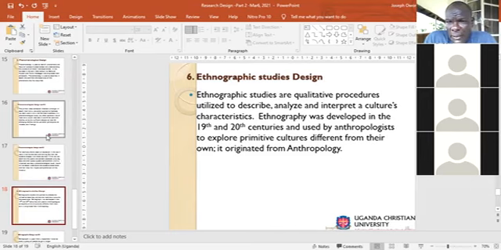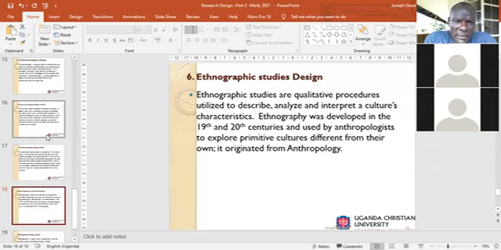So ethnography was developed in the 19th and 20th centuries and used by anthropologists to explore primitive cultures different from their own. It originated from anthropology. So when you hear about ethnographic studies, your mind should run to anthropology, to ethnography, to primitive cultures, because that is the origin.